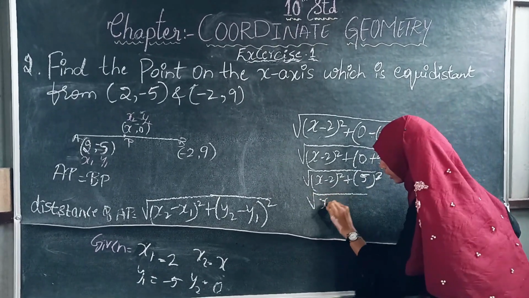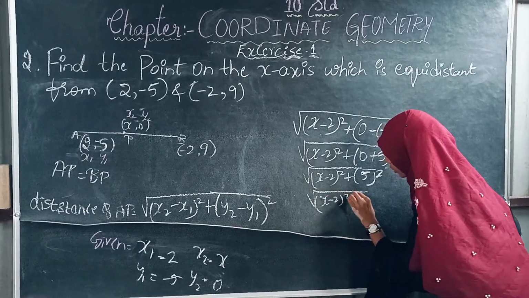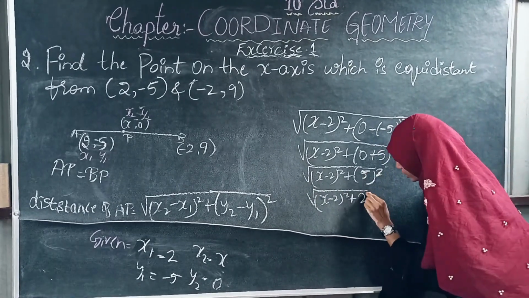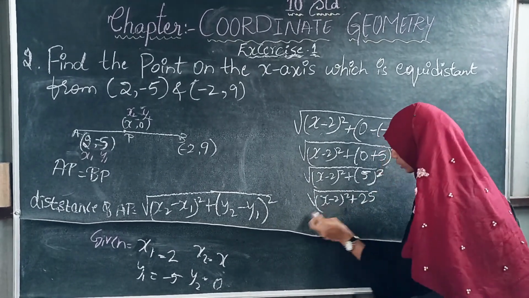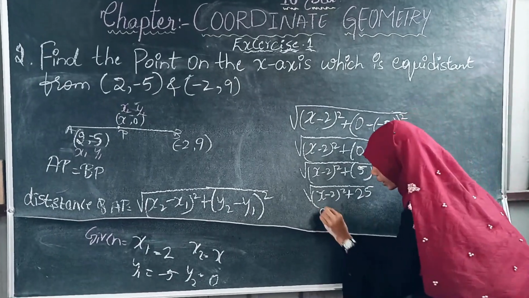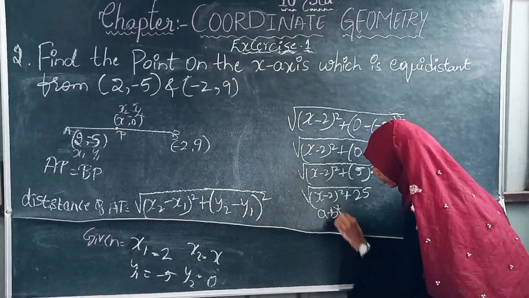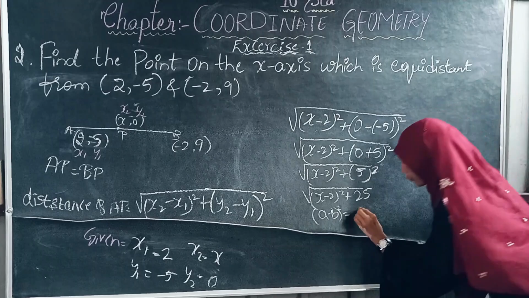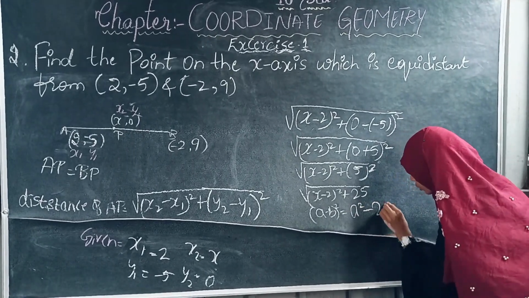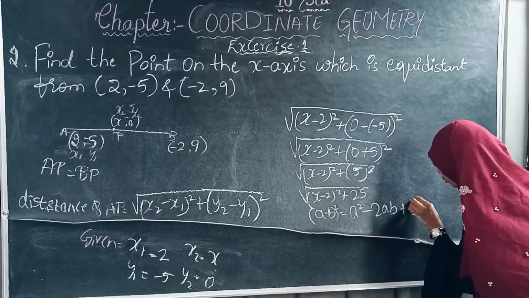Root of (x minus 2) whole square plus 5 into 5, which is 25. This is in the form of (a minus b) whole square. We will write the formula: a square minus 2ab plus b square.